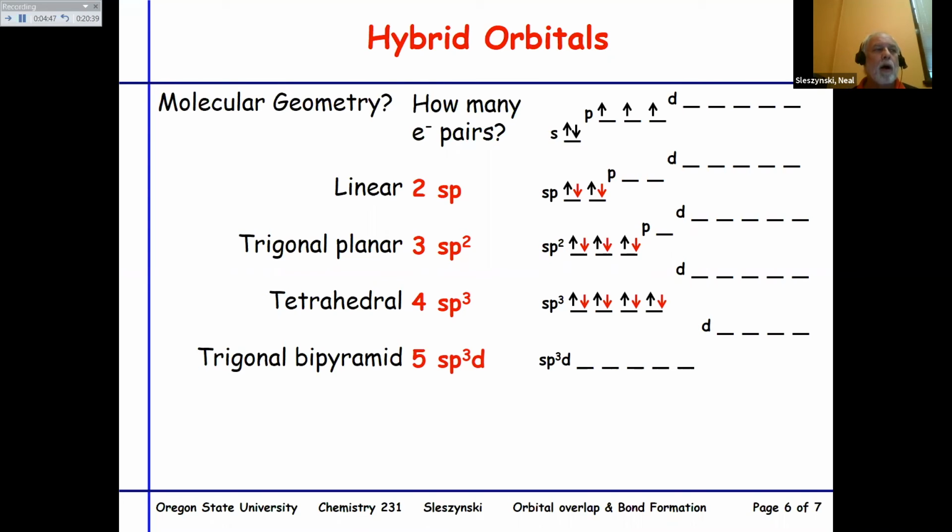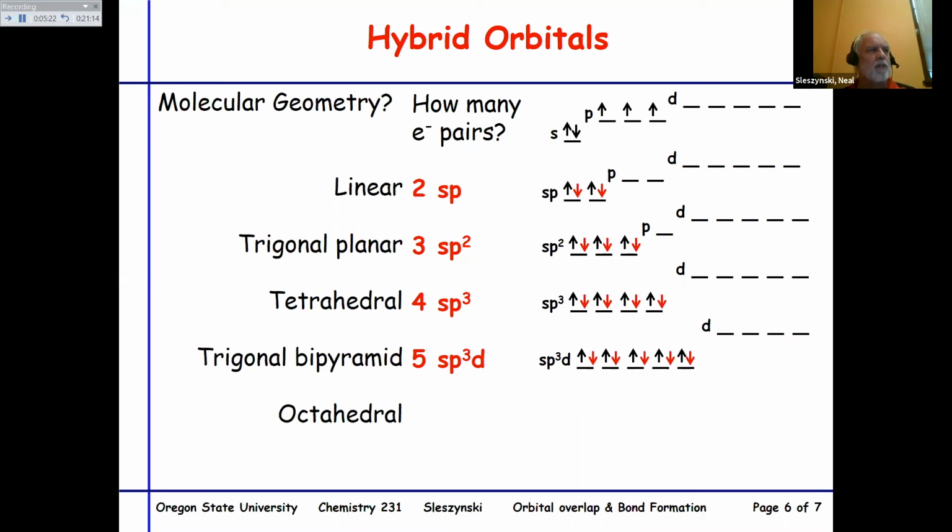I now have sp3d hybridization. That's five orbitals. My five electrons from my original atom are distributed in those five orbitals, unpaired. And now I can bring in five other atoms to share individual electrons in those five orbitals. If I have five repelling pairs of electrons, that gives me sp3d hybridization. sp3d hybridization is a trigonal bipyramid.